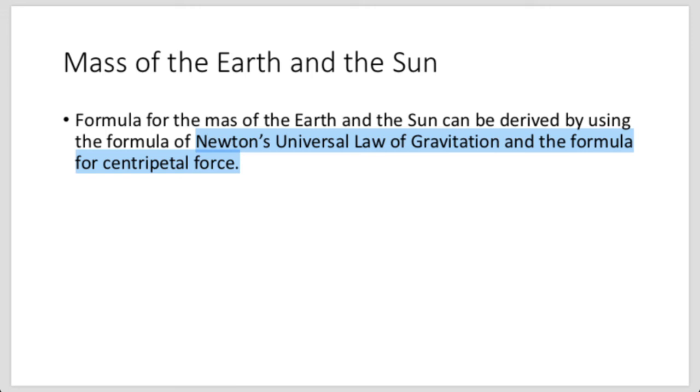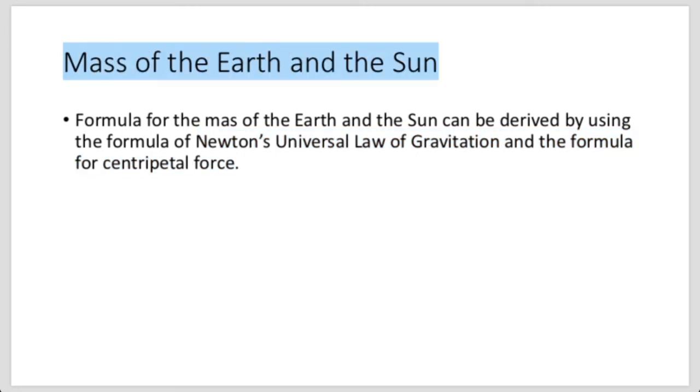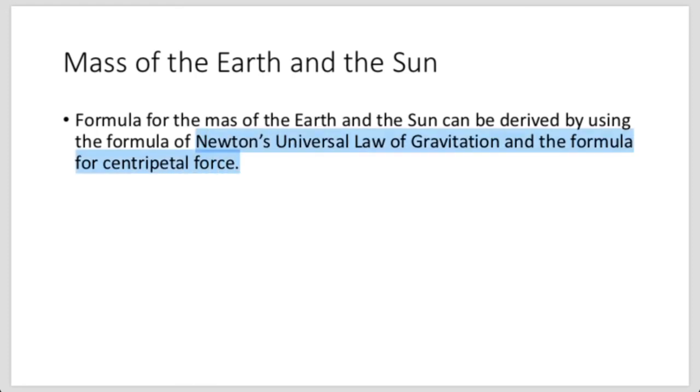By using these two formulas, scientists have been able to calculate the mass of the Earth and the mass of the Sun. You can see in the textbooks how they do it. It's really interesting how by using two or three formulas, they can calculate so many complex things, right?